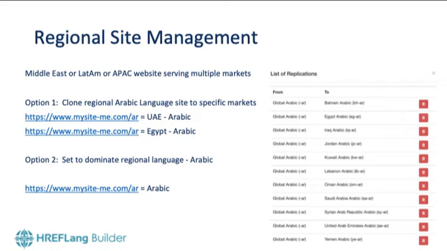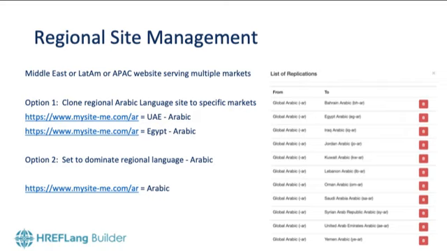Or B, Google specifically has given us the option, not us literally, but cites the option to say my Middle East Arabic regional site is actually applicable to multiple. Within Hreflang Builder, you simply can click the Global Arabic, for example. That's the default setting, and say clone it to Bahrain and Egypt and Iraq, any market within that region.